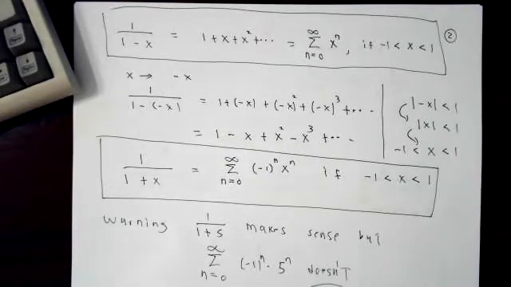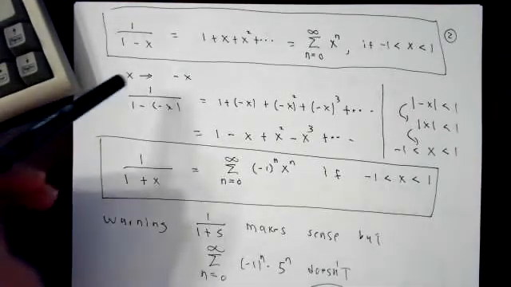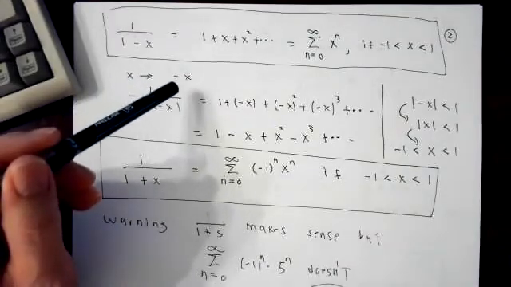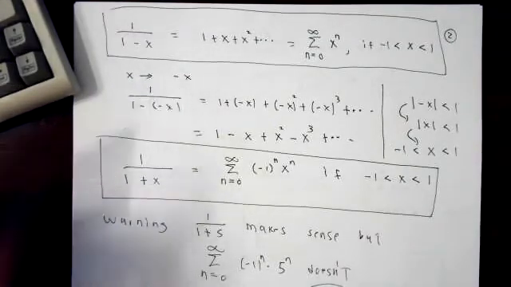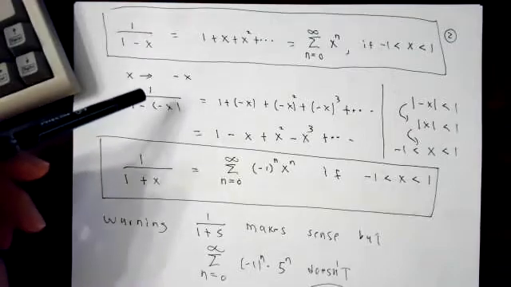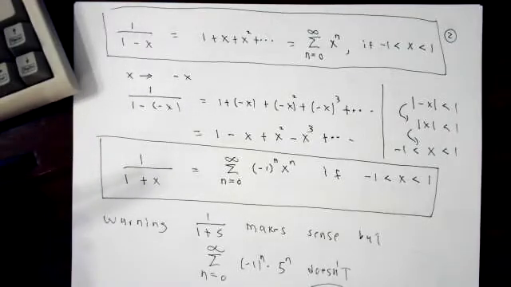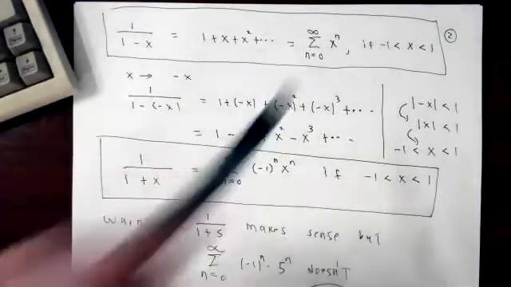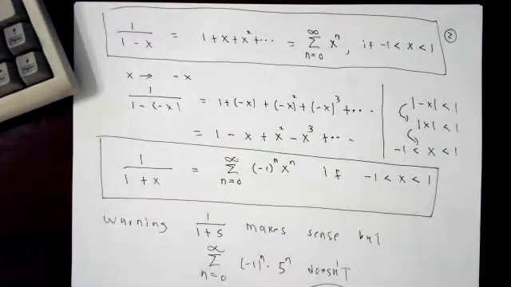If you take this same formula and replace letter x with negative of x, instead of 1 over 1 minus x, you'll have 1 over 1 minus the negative of x. And in this series, every place that I see an x, I'm just going to write down negative x instead.